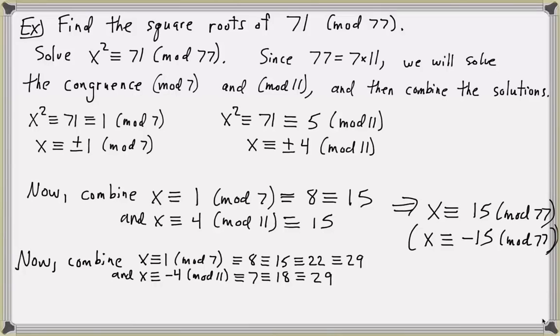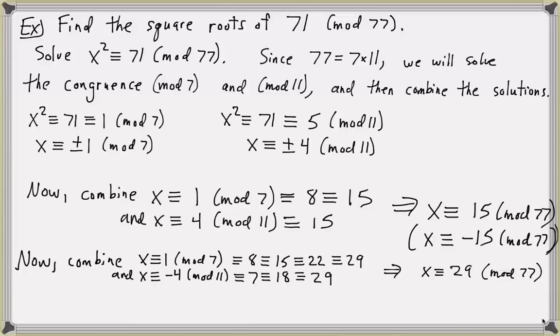So we see that if x is congruent to 29 mod 77, then it'll also be congruent to 1 mod 7 and negative 4 mod 11. So x congruent to 29 mod 77 is a square root of 71 mod 77.